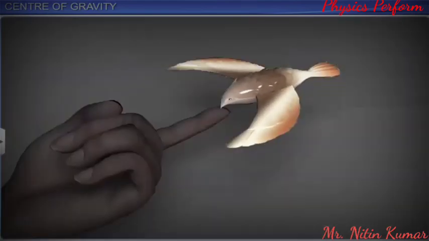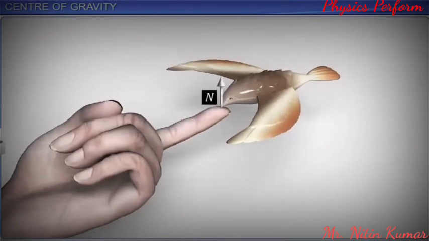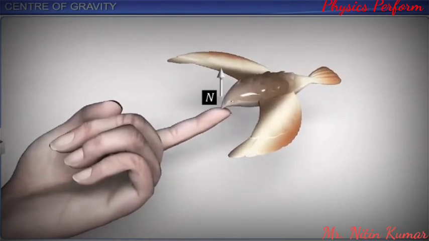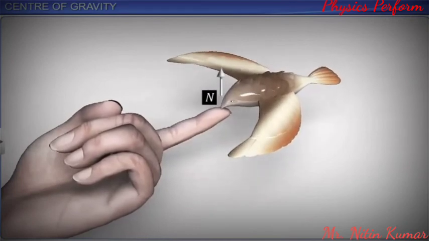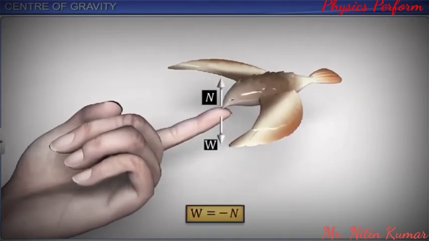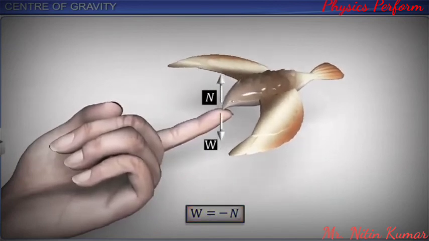One is the gravitational attractive force, that is, the weight of the body in the downward direction, and the balancing force N in the upward direction. Since the bird is in static equilibrium, these two forces must be equal in magnitude, opposite in direction, and must act along the same line.